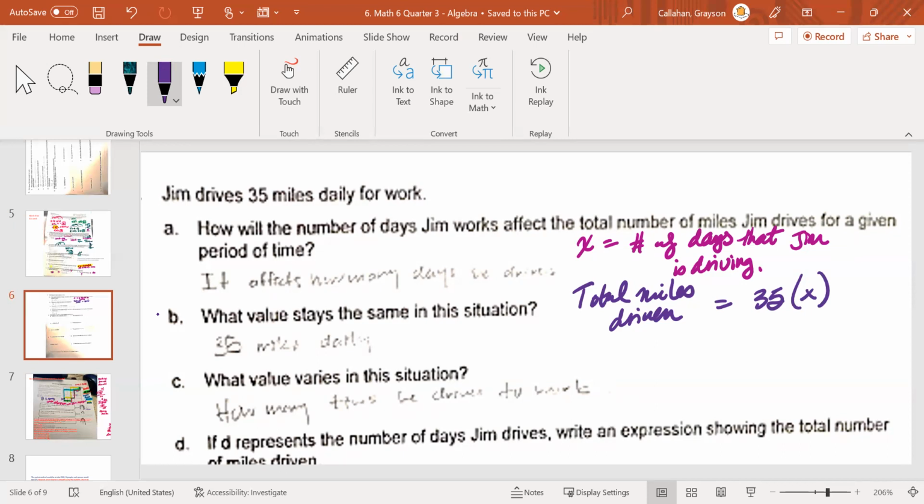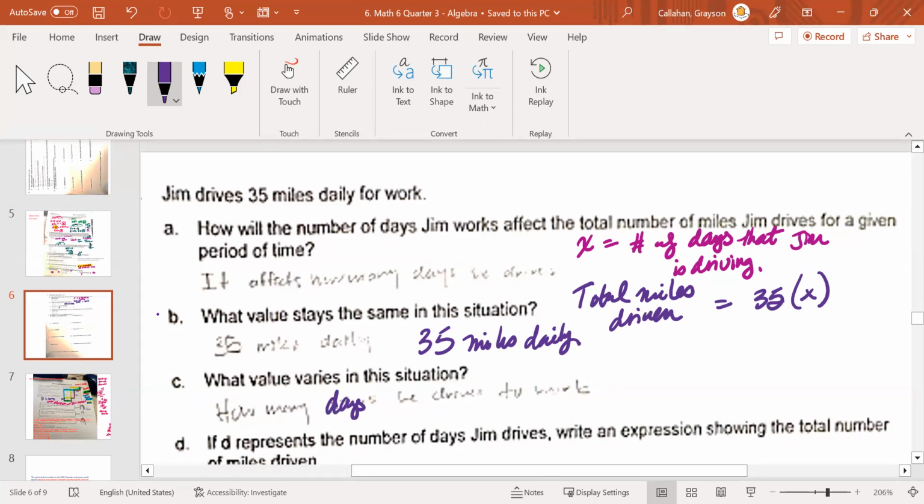What value stays the same in the situation? 35 miles daily. Yeah, that's good. Did you do this by yourself? Oh, good. That's good. I feel like you're getting better at math. What value varies in this situation? How many times he drives to work? You should say how many days he drives to work, which is equal to X, right?